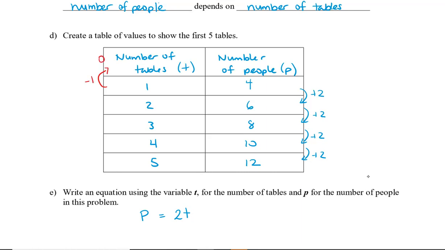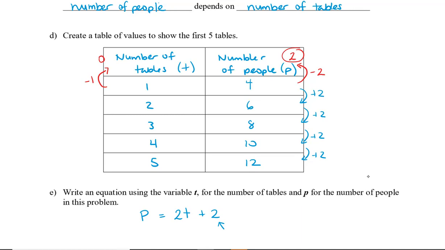So when there are 0 tables, I'm going to go back with the number of people as well. I'm going to subtract 2. And when I subtract 2, I will see that we get 4 minus 2, which means that there will be 2 people. And this number 2 is what we add to the equation at the back here. So you have 2t plus 2.